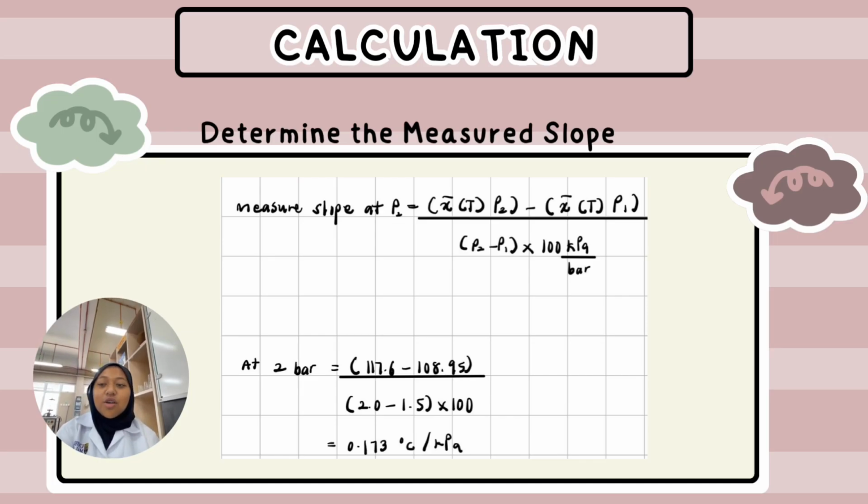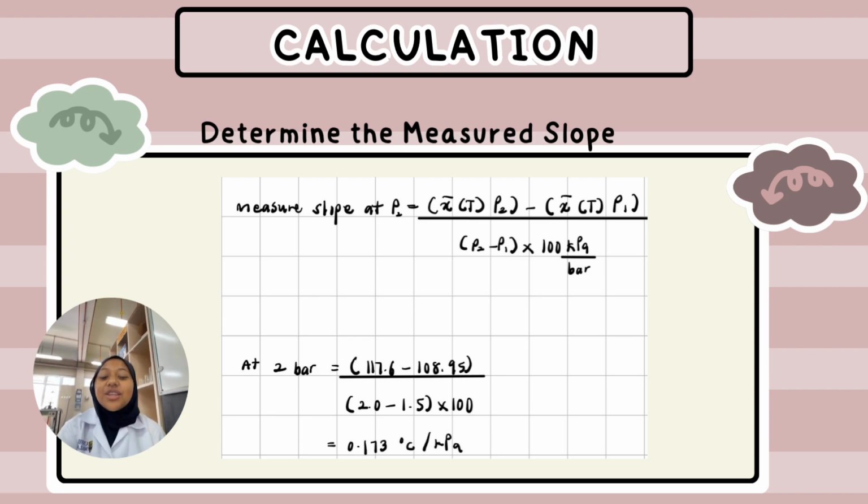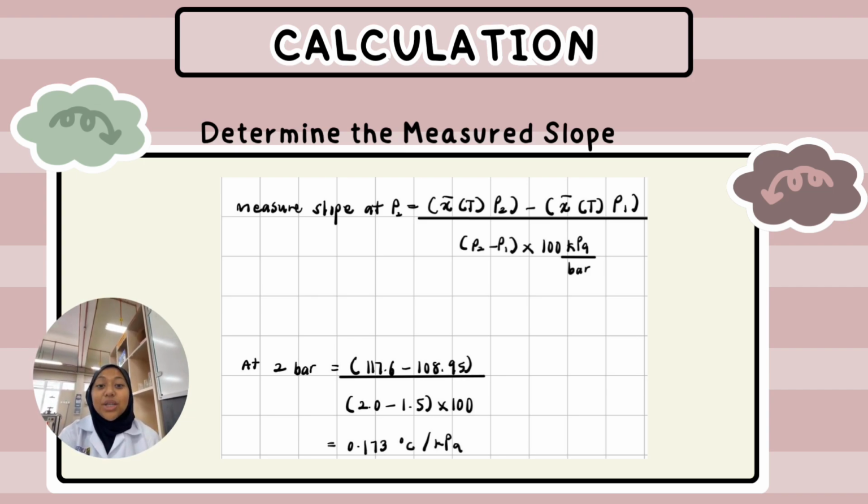These are the calculations applied to determine the measured slope. To determine the measured slope at P2, firstly we take the mean of temperature at P2 minus the mean of temperature at P1, over P2 minus P1, times 100 kPa over bar. For example, at 2 bar, the measured slope that we can calculate is 0.173 degrees Celsius per kPa.